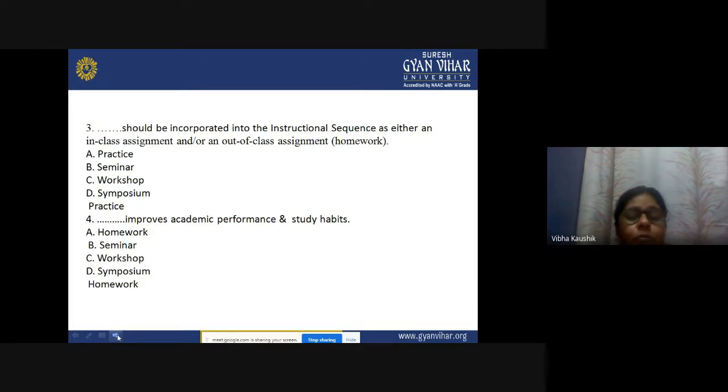Now you have to select the correct one on the basis of the given choices, and the correct answer is option A, that is homework. So homework is that activity that is helping the learners to improve their academics and their study habits.